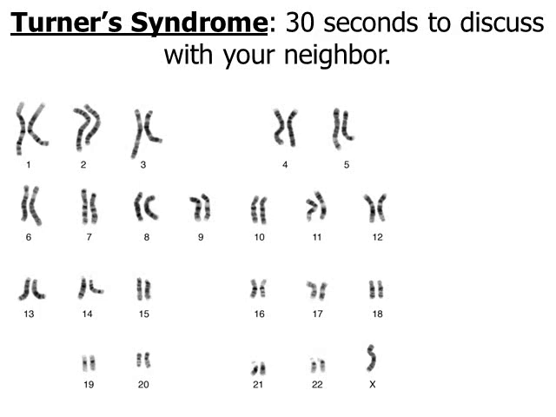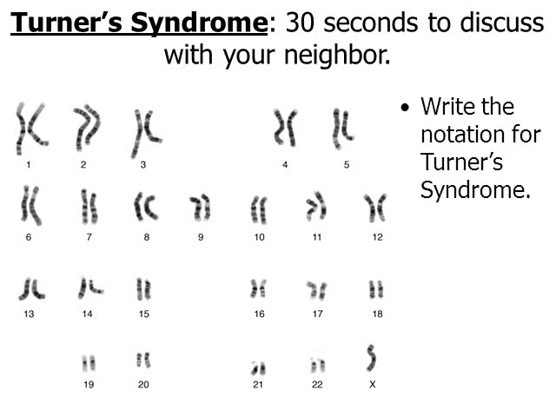If we were in class, I would give you and your neighbor 30 seconds to discuss this. Go ahead and try to figure out the notation for Turner's syndrome. Pause the video. I'm going to show the answer in 3, 2, 1. Okay, so there's where the error is. This woman, and it is a woman because there's no Y chromosome, only has one X chromosome.